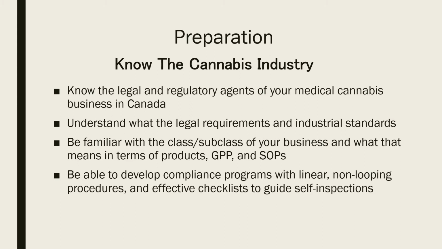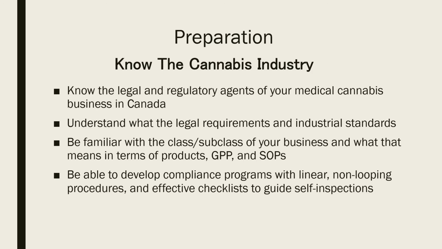Before you decide to write any SOP, it is important for you to prepare well. Know the cannabis industry that you are planning on entering. Know the legal and regulatory agents of your medical cannabis business in Canada. Understand what the legal requirements and industrial standards are for your medical cannabis company in Canada.